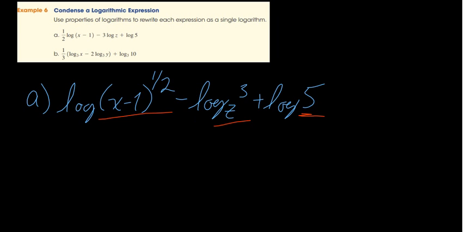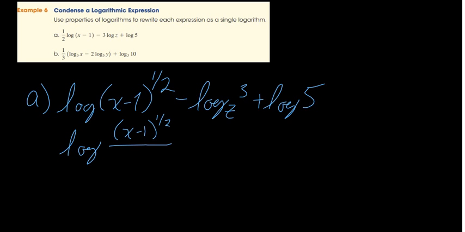Okay, so hopefully you caught that. If not, I'll do it, and you'll see better. So this is going to be the log of (x minus 1) to the 1/2 divided by z cubed, plus the log of 5.